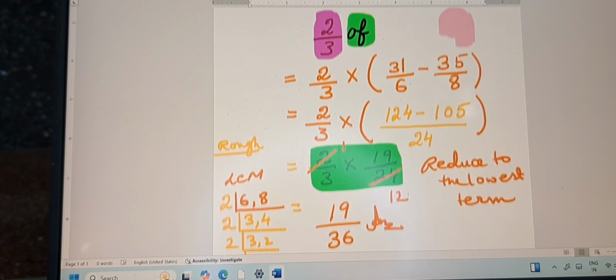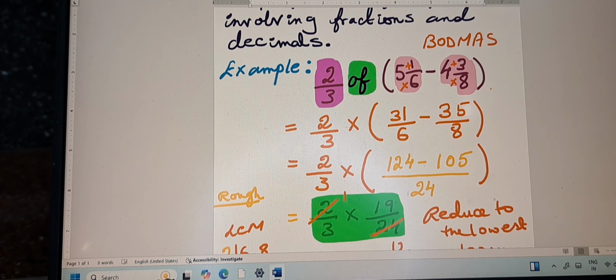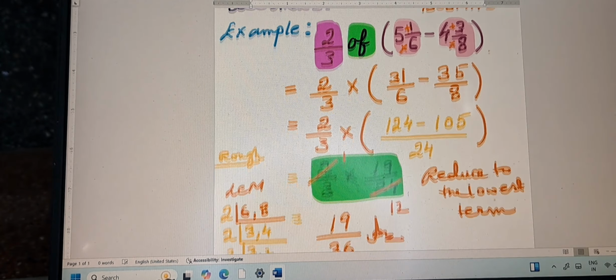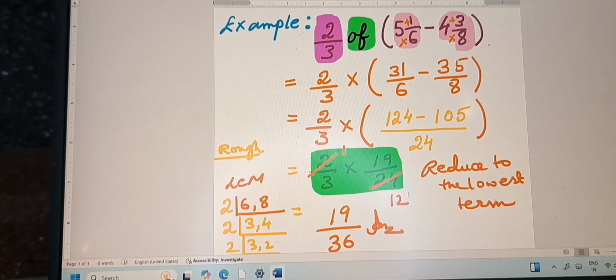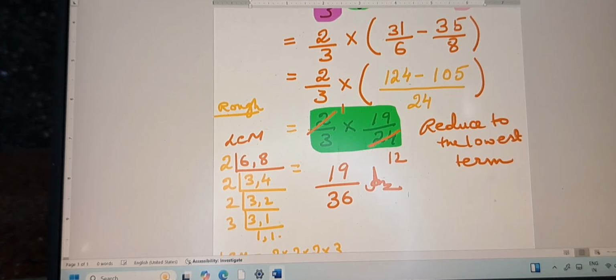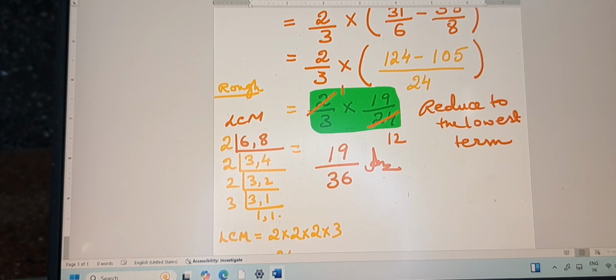Again, if we analyze the sum, a fraction is there, we need to convert the mixed number into an improper fraction, then we need to find out the LCM. Then reducing to the lowest term is happening, and we need to show the rough work of how to find the LCM.